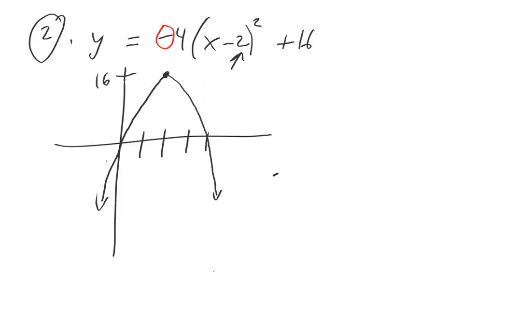The axis of symmetry is the line that goes through the middle of that dot at the top or the bottom. So that's the axis of symmetry, which is vertical. The equation of a vertical line starts with an x. It's x equals 2, like that.